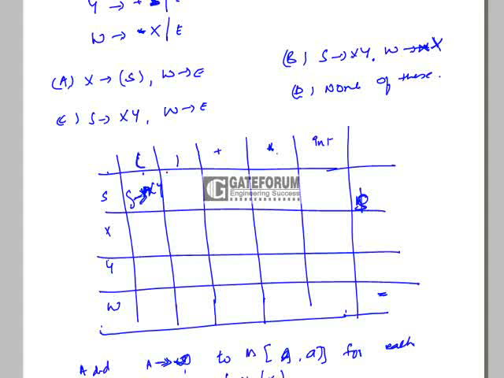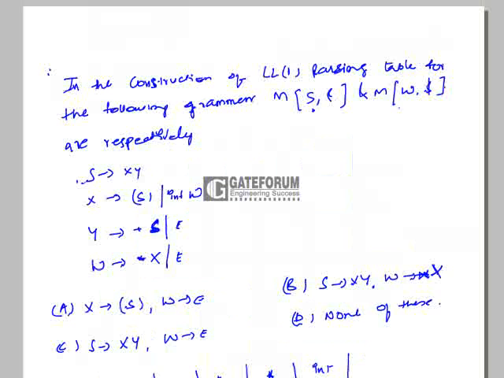So the first one is X gives (XY. Now we have to find M of W comma dollar. So this entry.